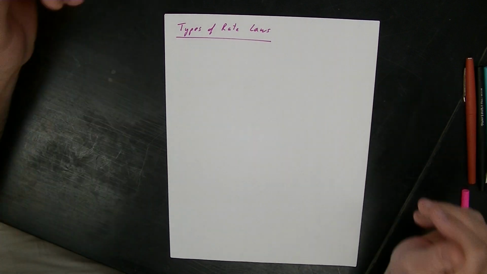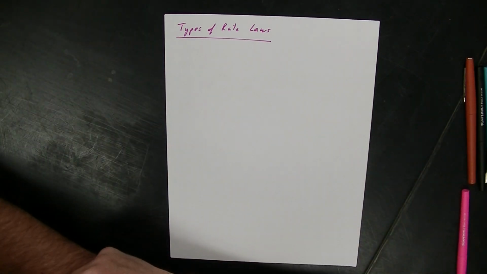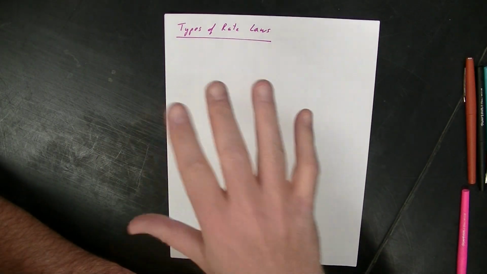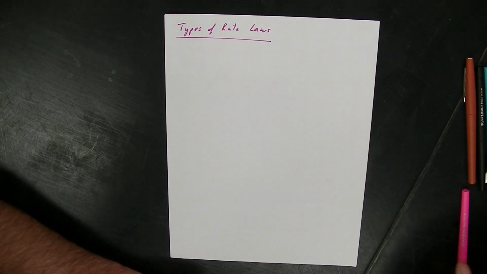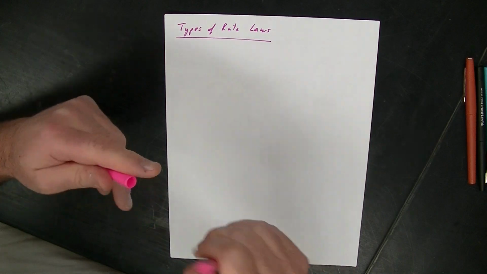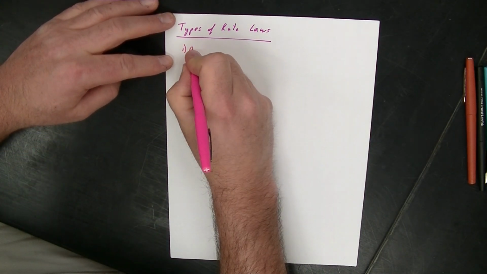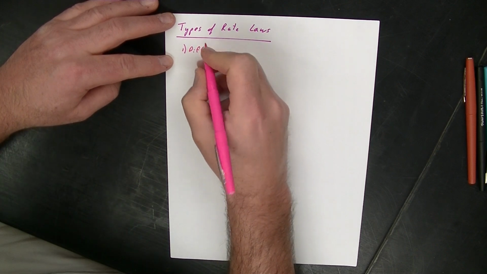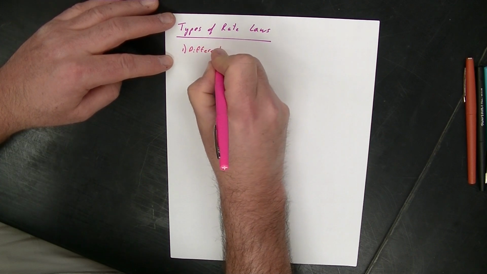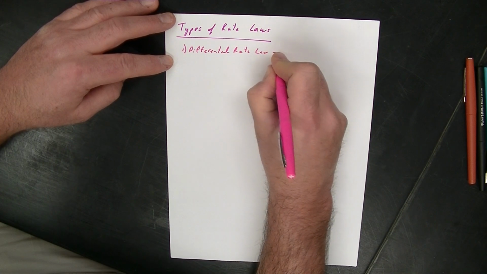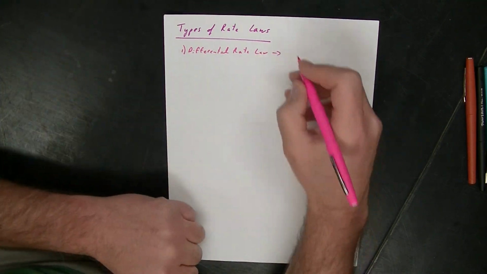Alright, so there are actually more than one type of rate law. Remember, that's that mathematical relationship. So we've been dealing with what's called the differential rate law. Okay, so this is what we've been working with.